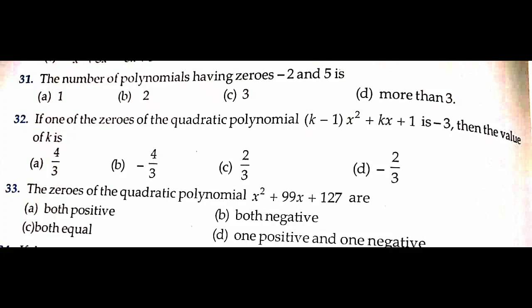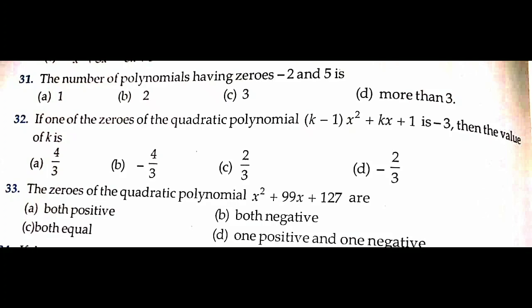Since we know that a quadratic polynomial has at most 2 zeros, the general formula for finding the quadratic polynomial is k in bracket x square minus sum of its zeros into x plus product of zeros, where k can have any real value. So depending on the value of k, it can have any number of polynomials. So the right answer is D, more than 3. That is, we will have more than that in this situation.